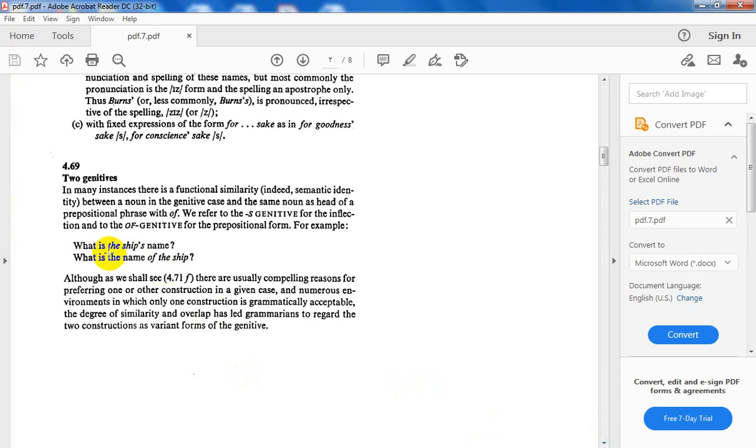Is it that easy to change every noun from the common case to the two forms of the genitive case? Can I freely change each noun to have the S genitive and at the same time the prepositional or of genitive? No, there are some sort of limitations and restrictions. Let us see.